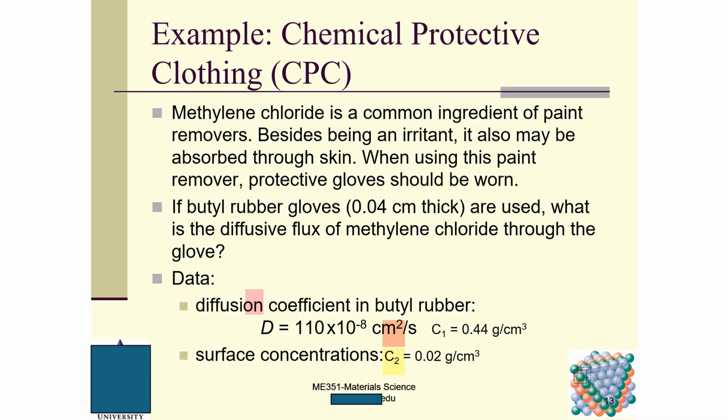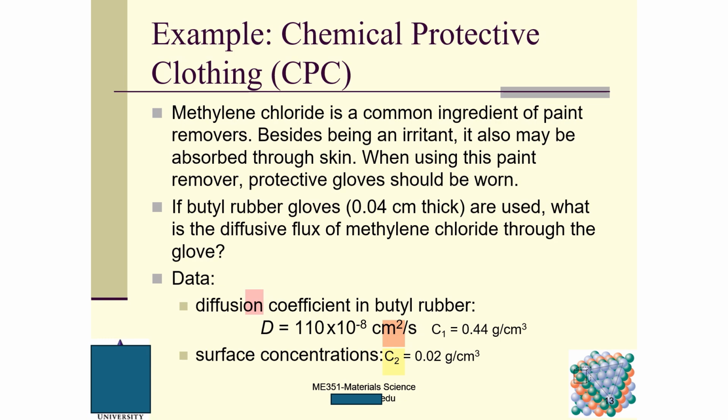This example is chemical protective clothing, CPC. In this problem, methylene chloride is a common ingredient of paint removers. Besides being an irritant, it also may be absorbed through skin. Skin absorption is very bad. We don't want to absorb these kinds of chemicals.